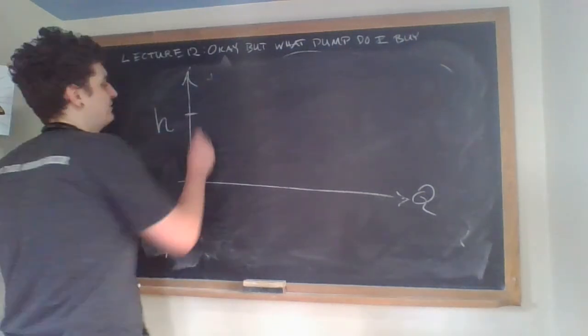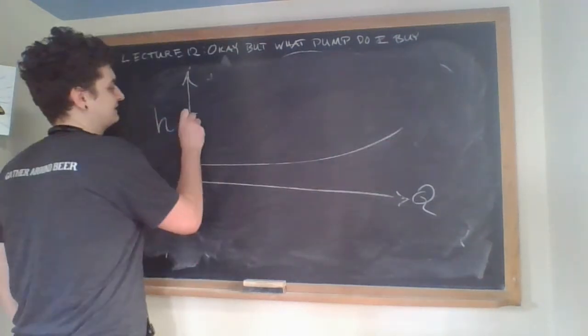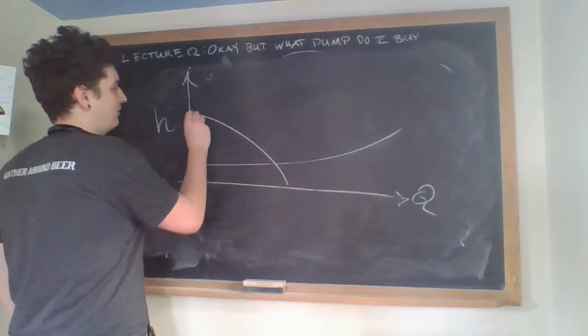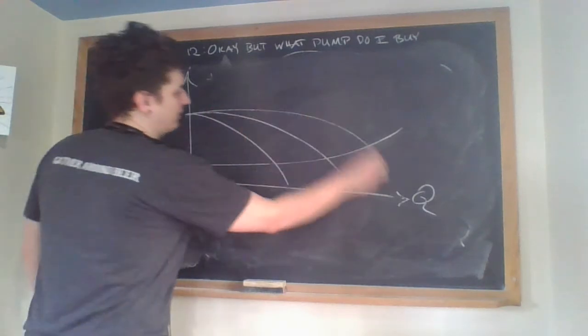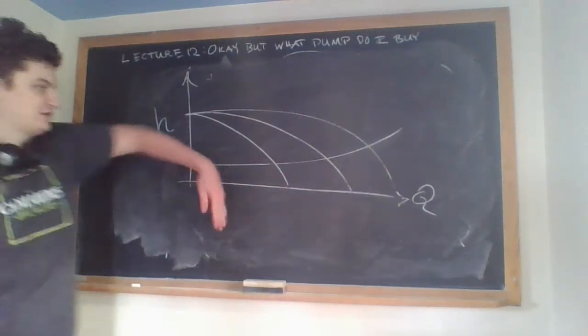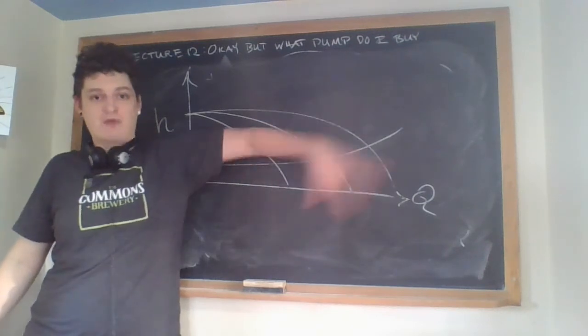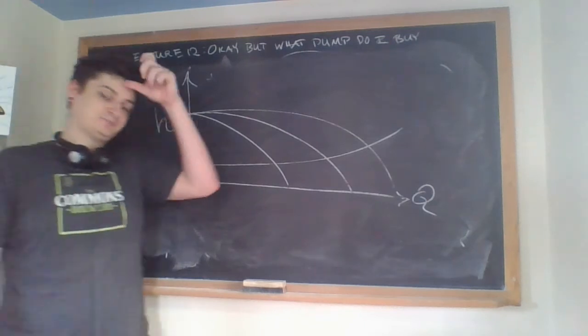But what it can do if you add them, so we'll do this: 1 curve, 1 pump, 2 pumps, 3 pumps. It's drawing out the pump performance curve while keeping this value the exact same.